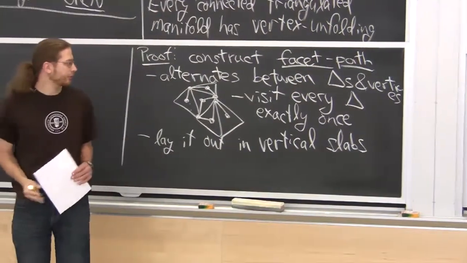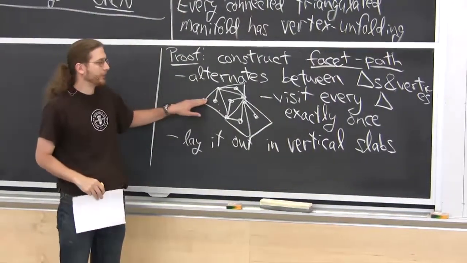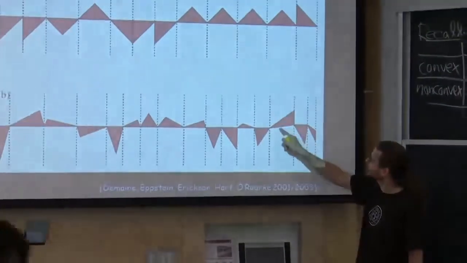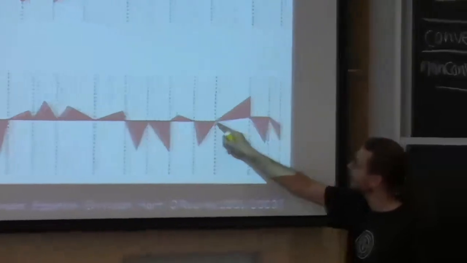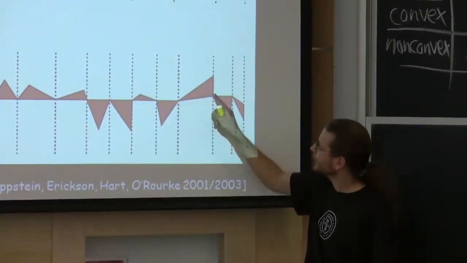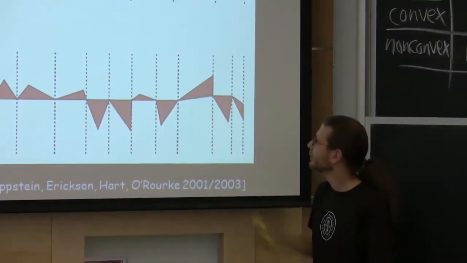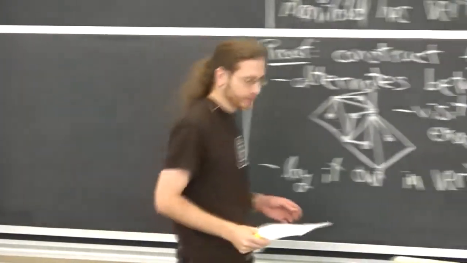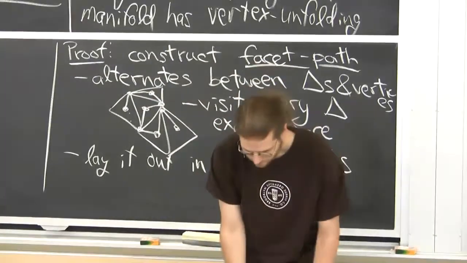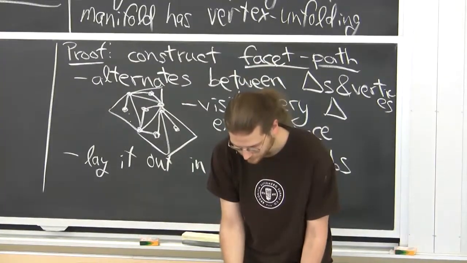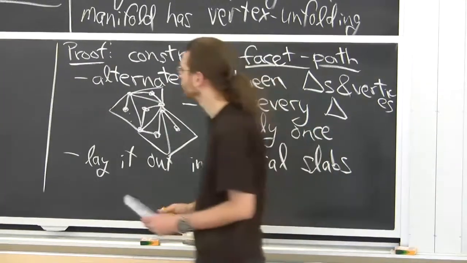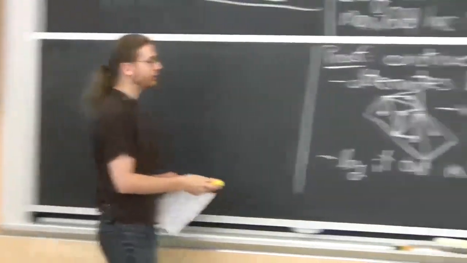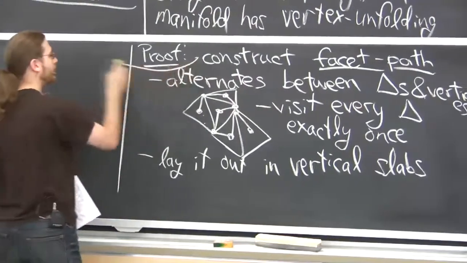So the hard part is really getting this path. Once you have that, you can just lay it out. It's a little bit non-trivial with obtuse triangles. They don't necessarily just lie along a horizontal line. You have to set things up so that those guys are on the boundary. But you can always rotate it so that that's possible. So the real question is, how do we construct a facet path?